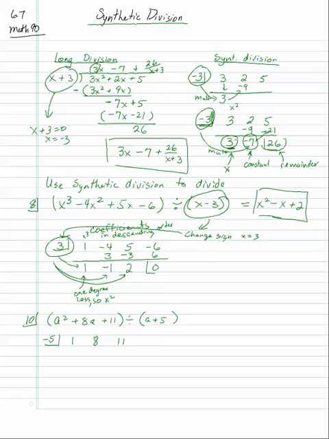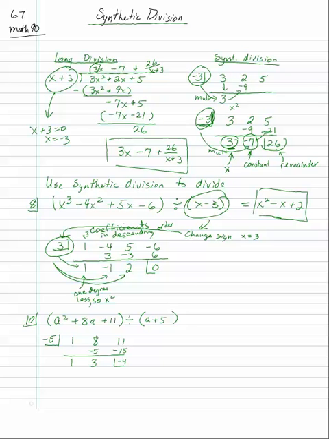I'm going to change the sign, make that negative 5. Bring the first term down, and now multiply everything on the bottom row by the negative 5. So negative 5 times 1, negative 5. Add down the column, 3. Negative 5 times 3 is negative 15. Add down the column, it's negative 4.